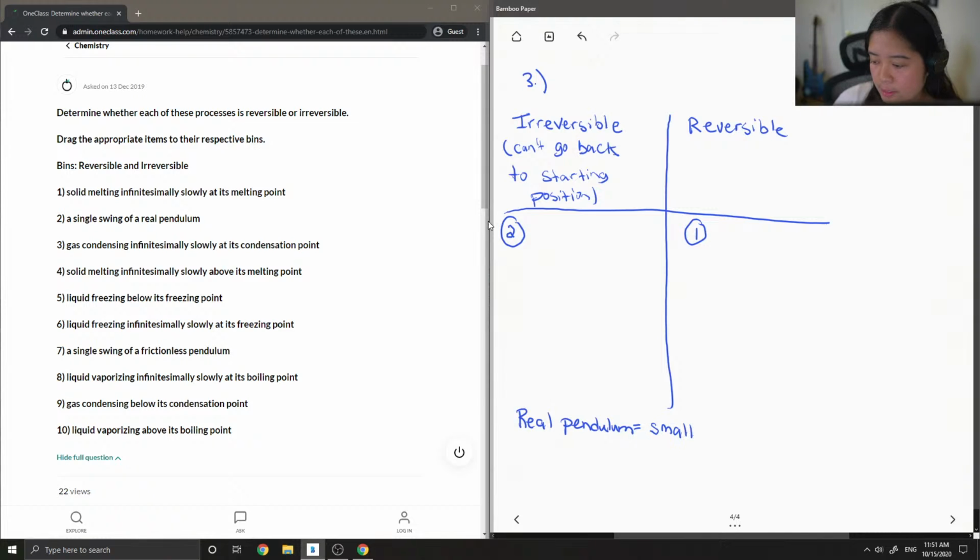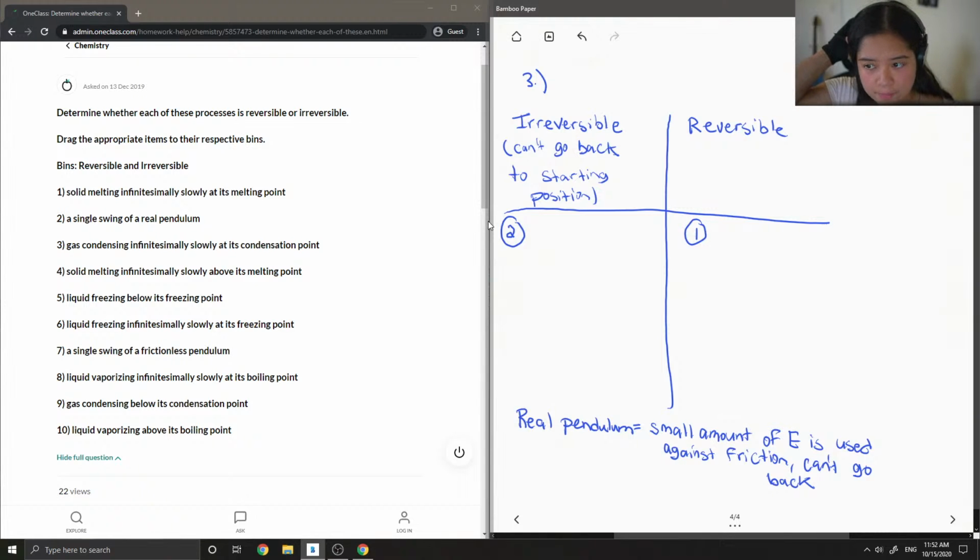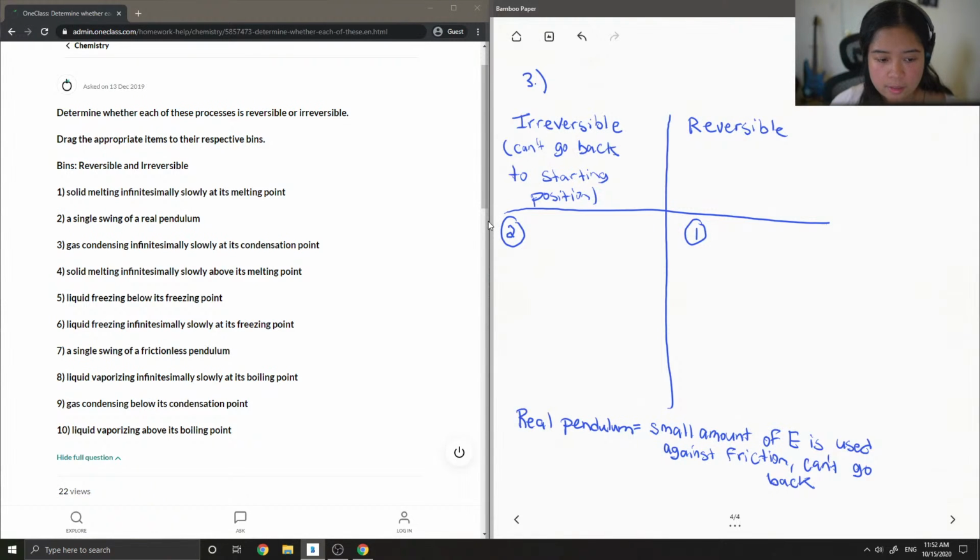Just gonna write that down. And go back. So that's why this is an example of an irreversible reaction.